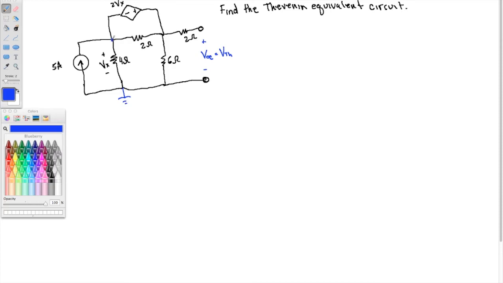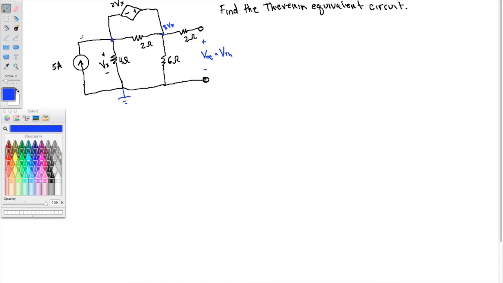Then this node is Vx, right? If this is 0 and the voltage across the 4 ohm increases by Vx, that puts this at Vx. Then this is 3Vx right here. Because if this is 1Vx, then this increases by 2Vx, so that makes this 3Vx. So we actually have all, I mean, we don't have Vx, of course, but other than that, we have all of the voltages that we need because of the voltage source here.